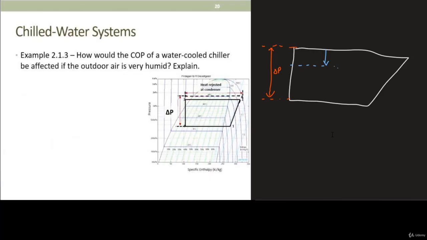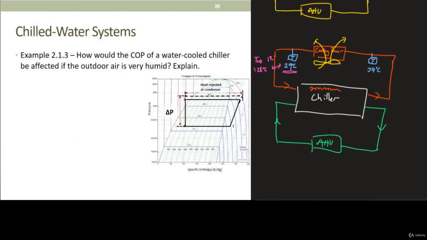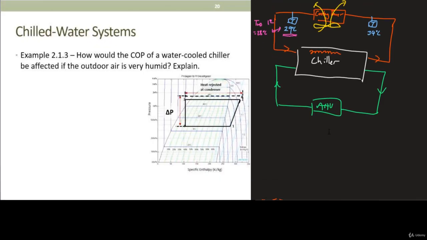Just now I mentioned this thing called the wet bulb temperature. It's closely related to the humidity of the ambient air. So let's say the humidity is now very, very high. What will happen? If the humidity is very high, the wet bulb temperature will also be very high. It will be near your dry bulb temperature.